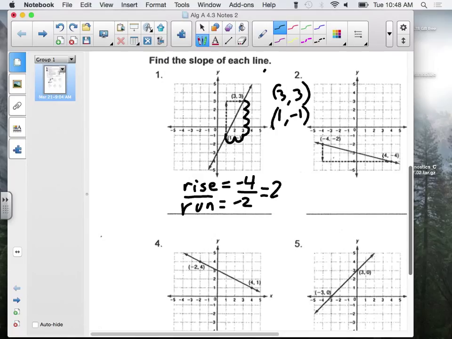We want to find our rise first. Our other point is (1, -1). So to find our rise, how far do we have to go down? We have 1, 2, 3, 4. When you go down, when you're finding the slope, your rise becomes negative. If you're going up, it's positive, but if you're going down, it becomes negative. So that's where that -4 comes in.